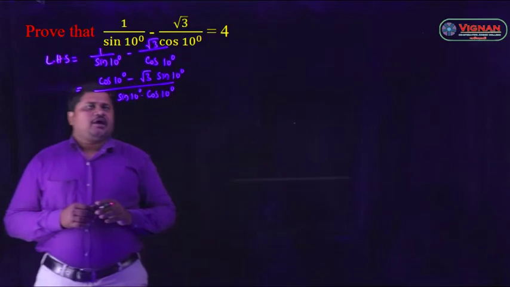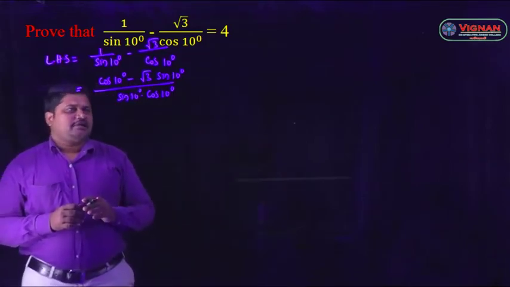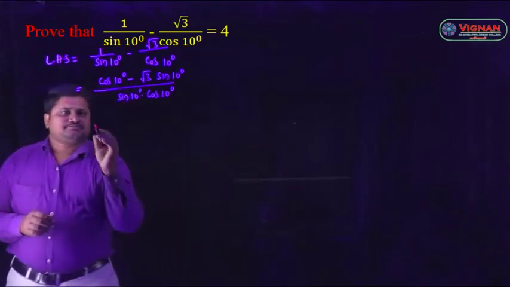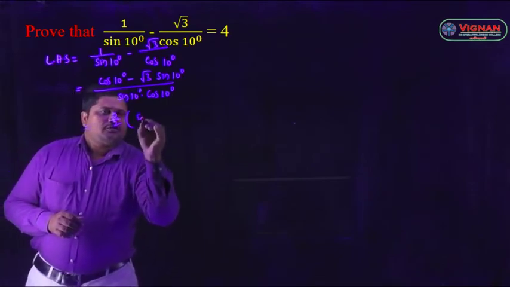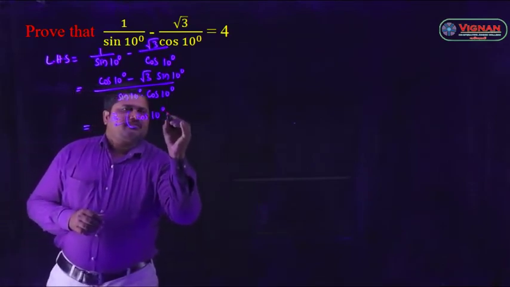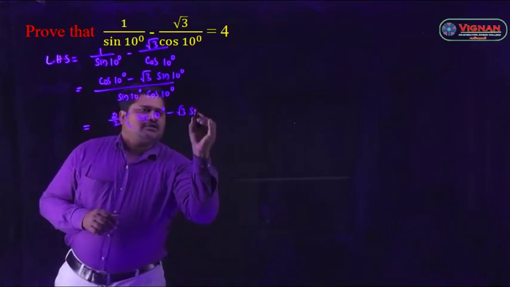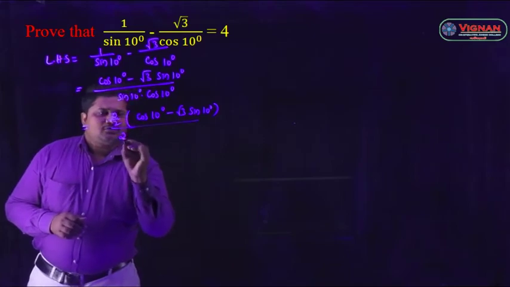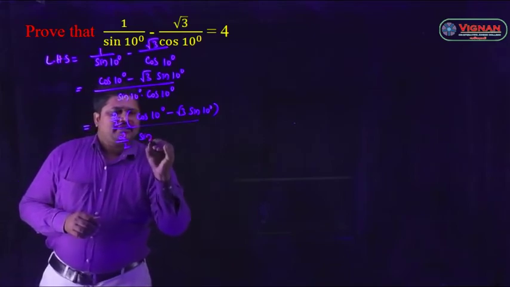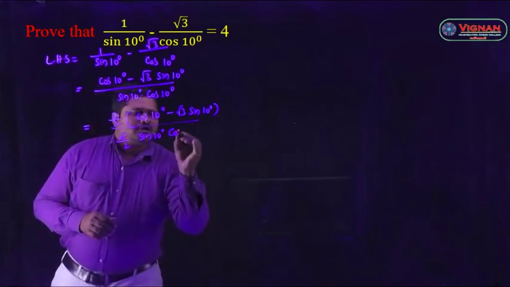Here we multiply and divide the numerator and denominator by 2. 2 by 2 of cos 10 degree minus root 3 sin 10 degree, by 2 by 2 sin 10 degree into cos 10 degree.